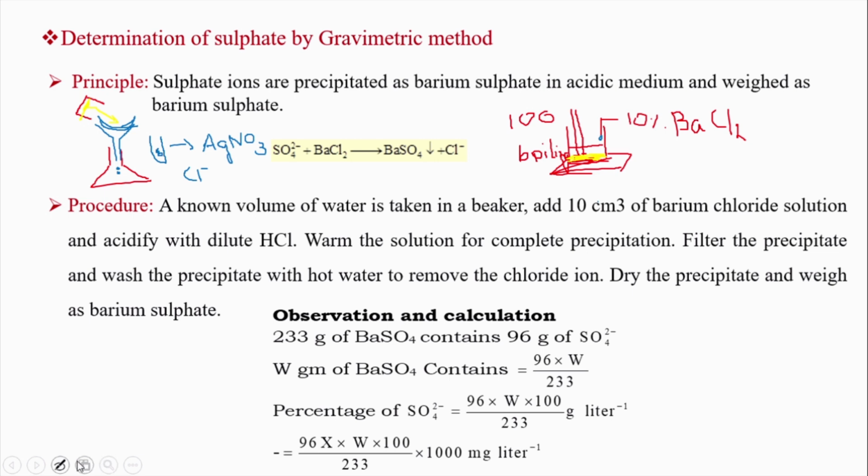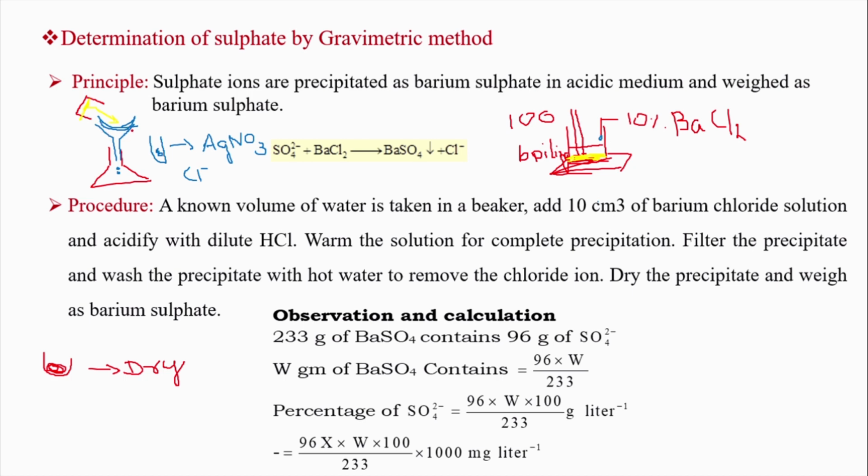Along with the filter paper, we have to dry it in a hot air oven. This is the filter paper containing the precipitate, and it should be dried completely. Before transferring the precipitate, it was necessary to take the pre-weight of the filter paper, the empty weight.